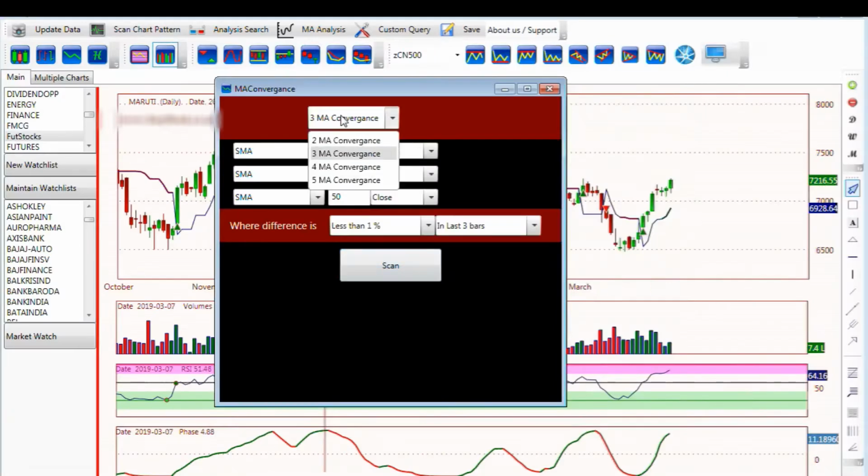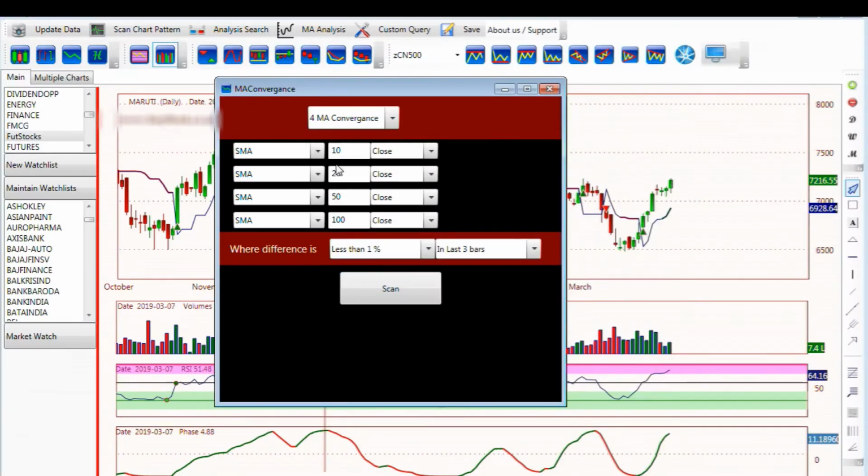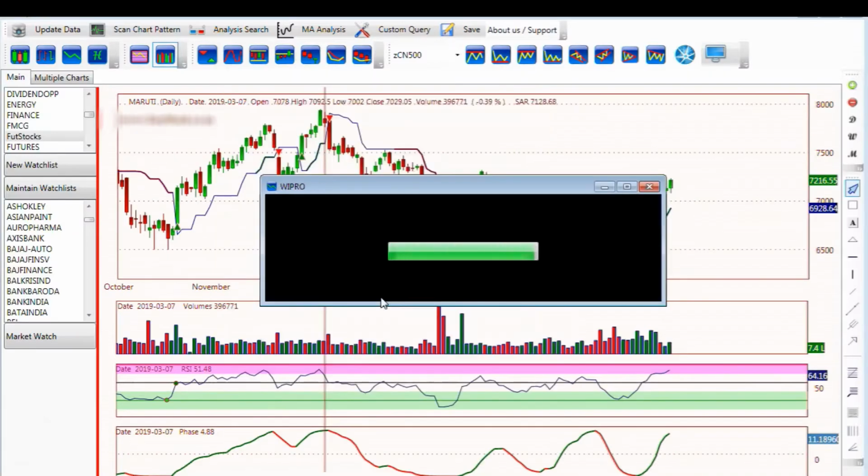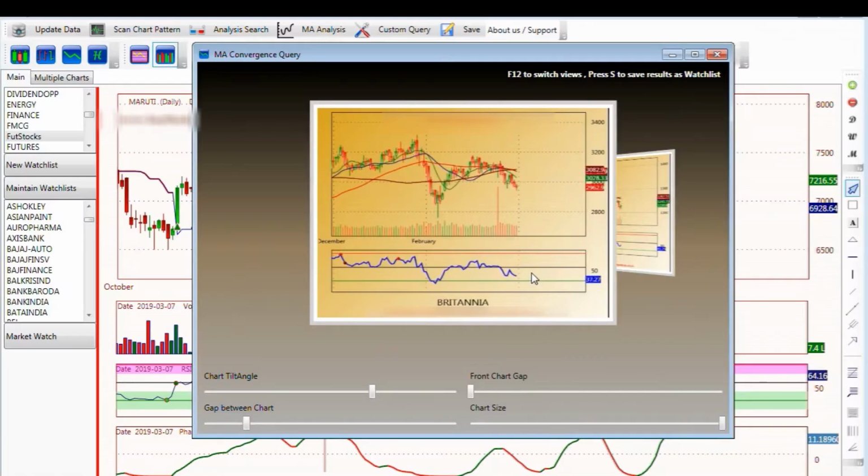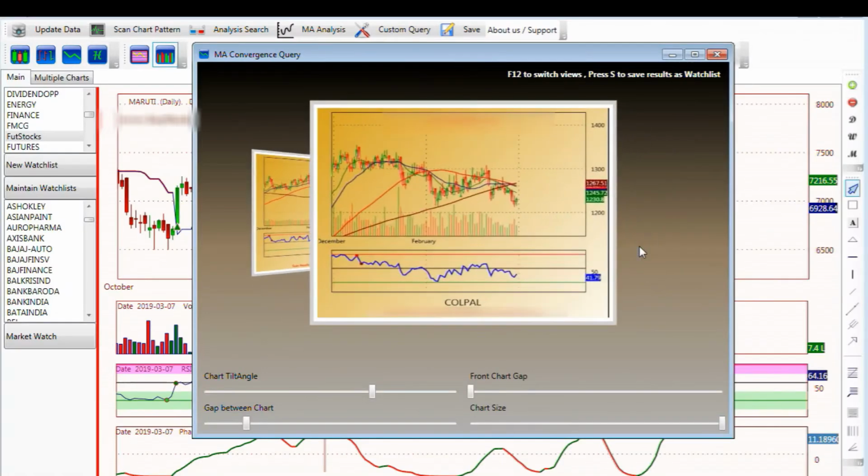Now change it to 4 MA convergence in the last 5 bars. It's a form of consolidation.